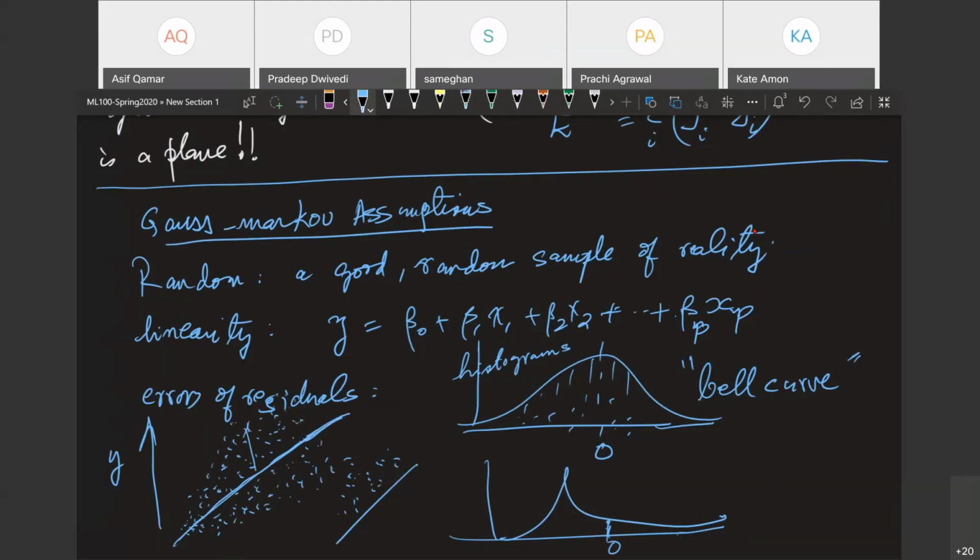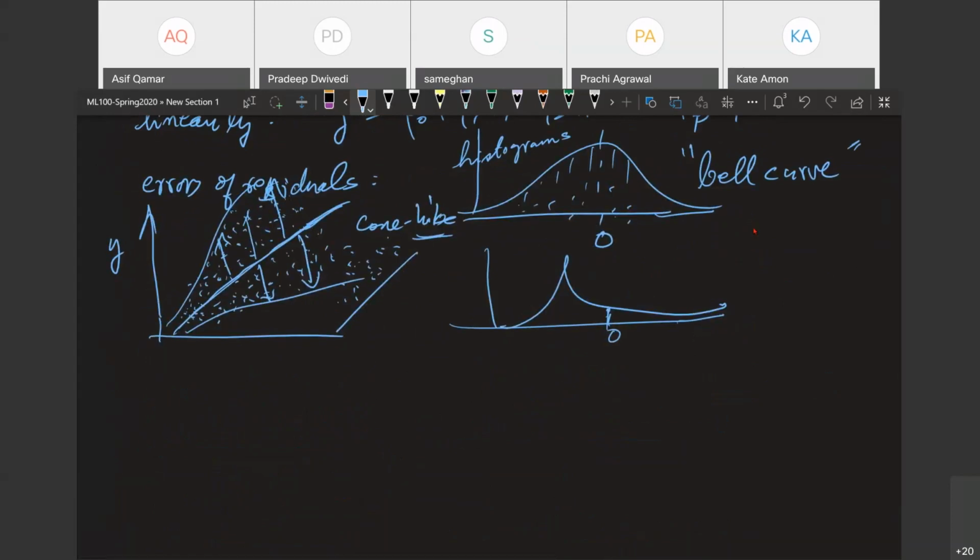The residuals are spread out more and more. You see the envelope here. These are the error boundaries, right? Where the data is sitting. So these are your residuals. And what you notice is that you have a cone. They will show a cone-like structure. When you see this, you don't want to see this because it violates the Gauss-Markov assumption. The assumption is something called homoscedasticity.